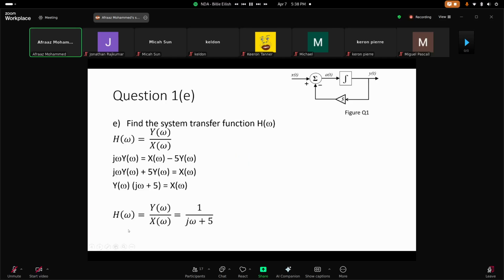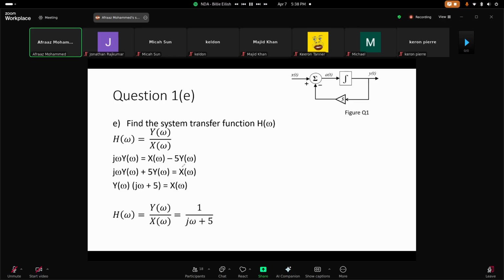Okay, now part E is to find the system transfer function h of omega. Remember, h of omega is equal to y of omega divided by x of omega. So firstly, we put the Fourier equation we got from part D: j omega y of omega equals x of omega minus 5y of omega.